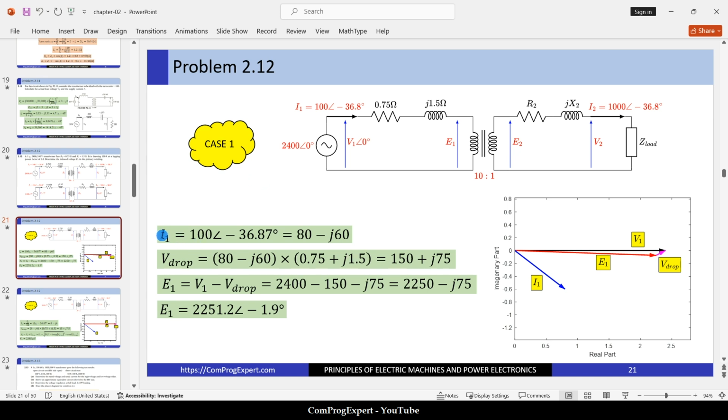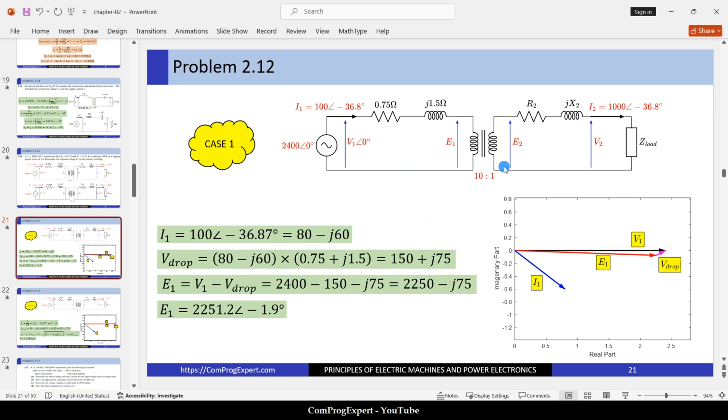The value of I1 is 100 amps, with this angle, in real and imaginary format. What is the voltage drop on this resistance and this reactance? It is the current times the impedance of the primary winding, that is equal to this one.